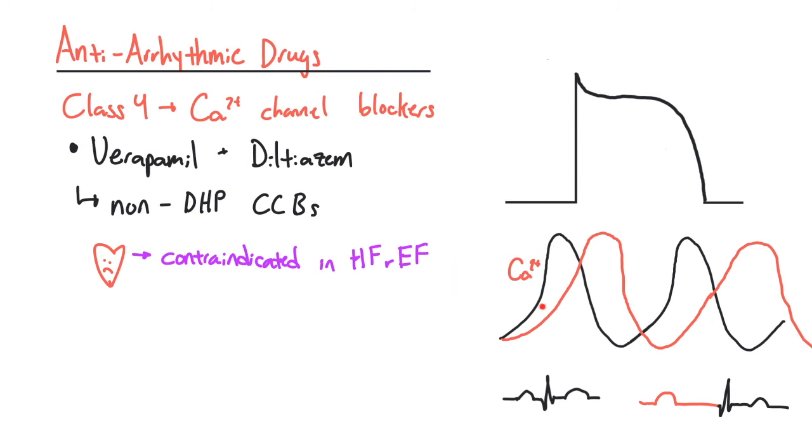As calcium channel blockers do decrease the amount of calcium that is entering the cell, or at least prolong the period at which the calcium is entering that cell, they do lead to a decreased contractility, thus exacerbating this pumping problem in the heart. As such, these drugs are absolutely contraindicated in heart failure with reduced ejection fraction.